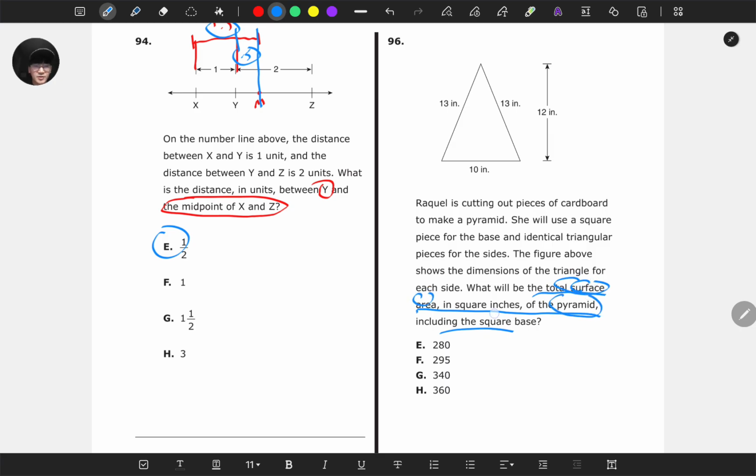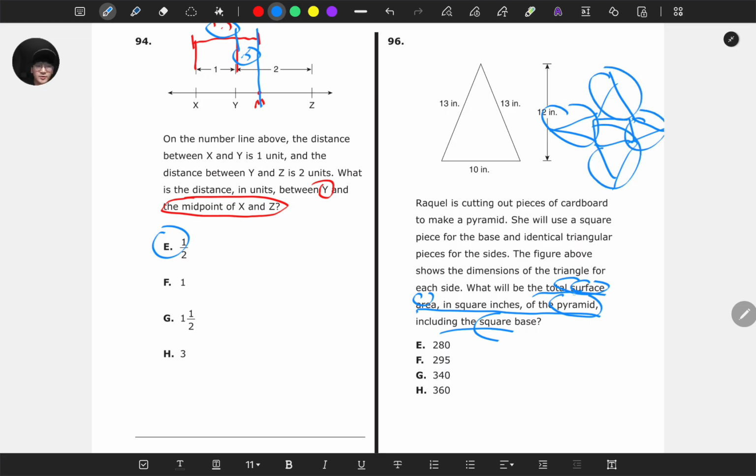So it's a pyramid with a square base. So the topic is called nets, right? So if I take the pyramid and I were to unwrap it, it becomes a two-dimensional figure, and it has a square base, right? So it's going to look something like this when you unfold it, okay? And we know that these four triangles will be congruent, right?